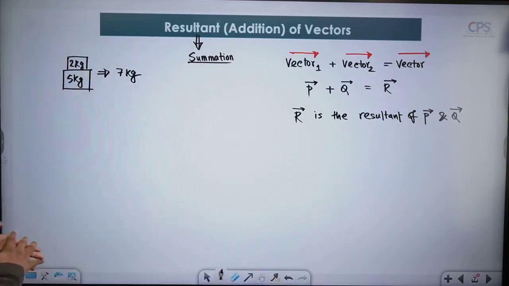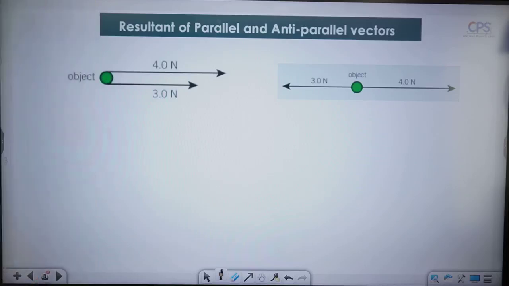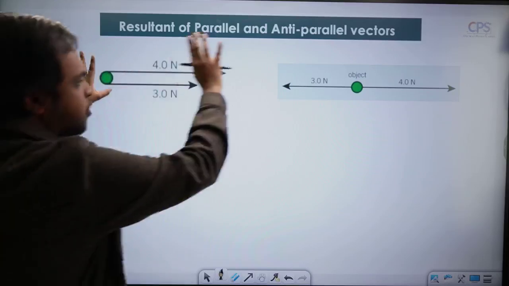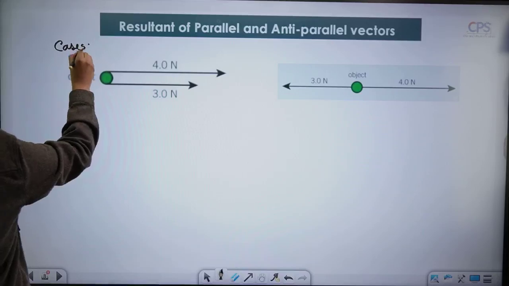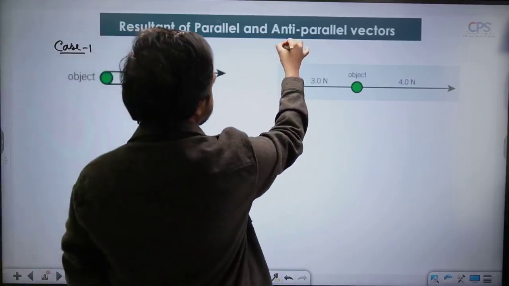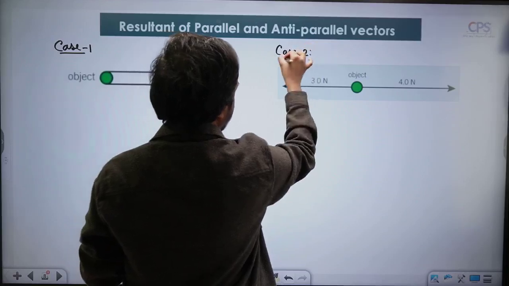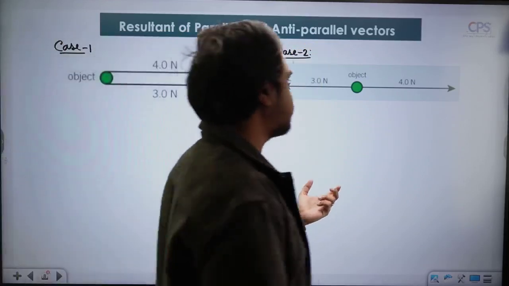Now let's add two vectors. Okay, what I want right now is to focus on two cases, scenarios. Let's say this is case 1 and this is case 2, where on an object we are applying two forces, 4 Newton and 3 Newton.